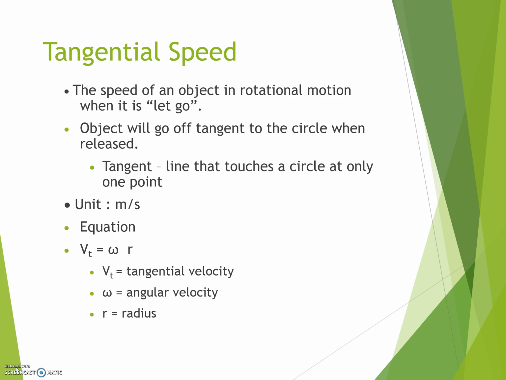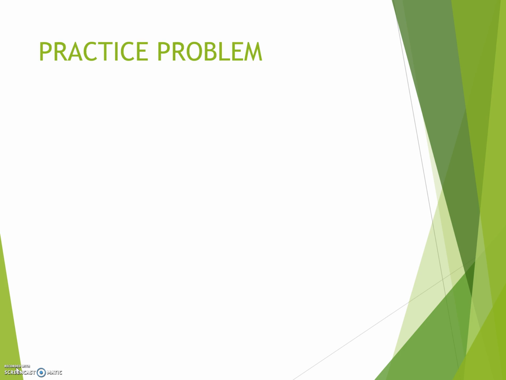So we would have to calculate the angular velocity first, and then multiply that value by the radius, and that would give us the tangential speed of an object in rotational motion when it's let go and it flies off tangent to the circle.